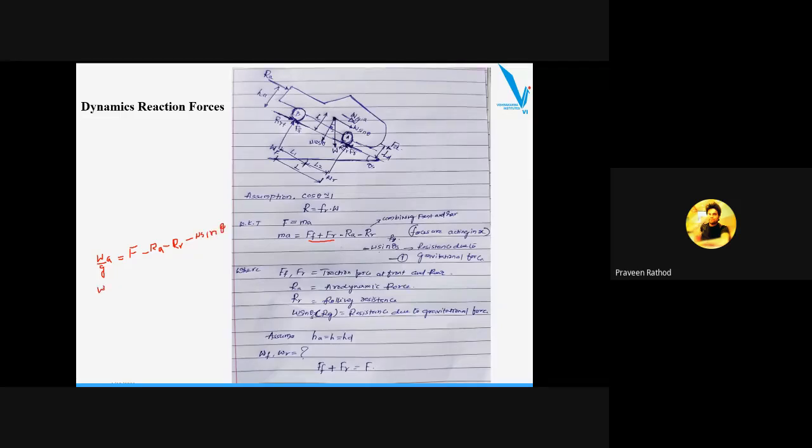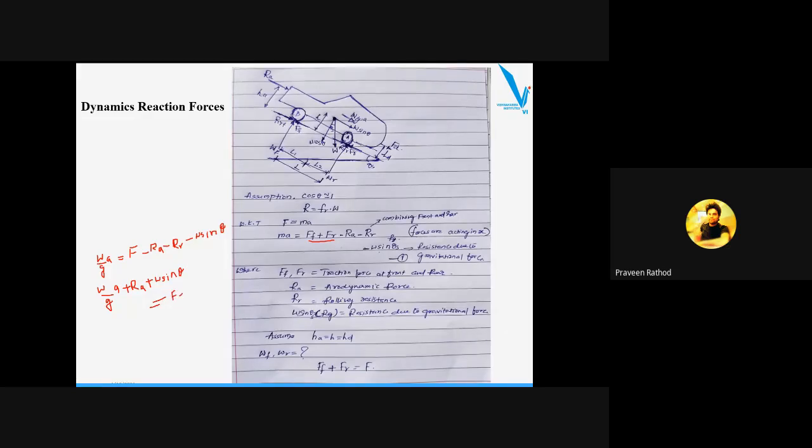So W by G into A plus RA can be taken this side, plus W sin theta is equal to what? F.